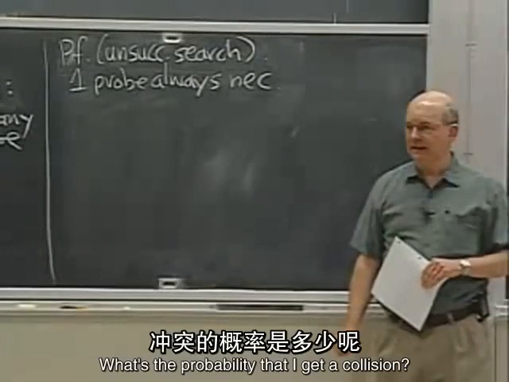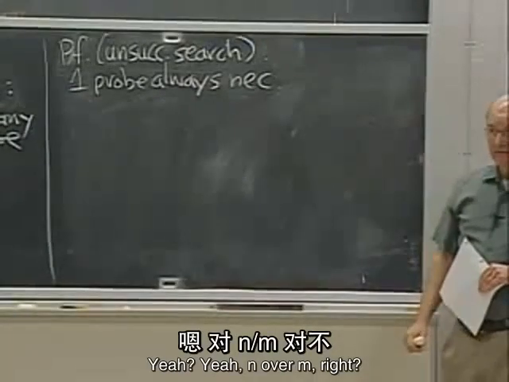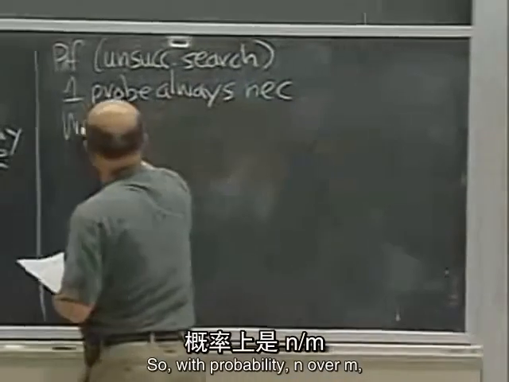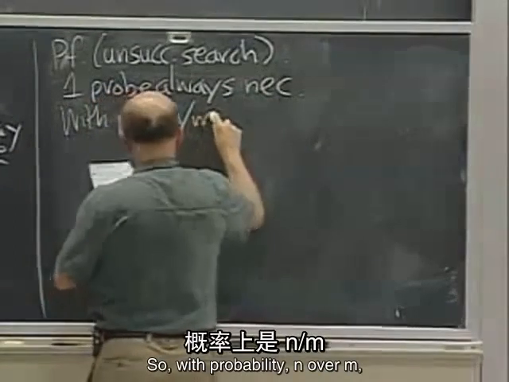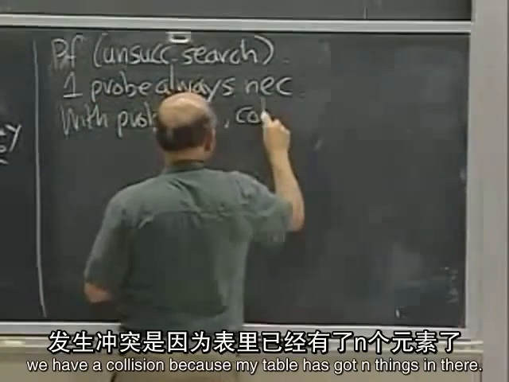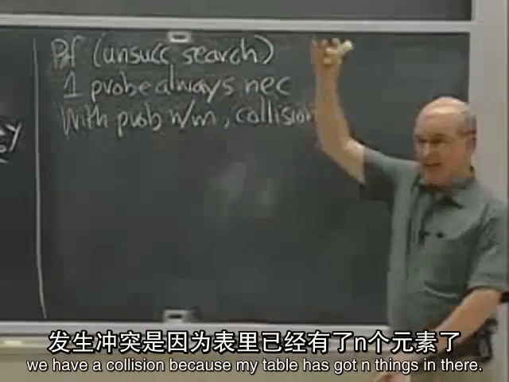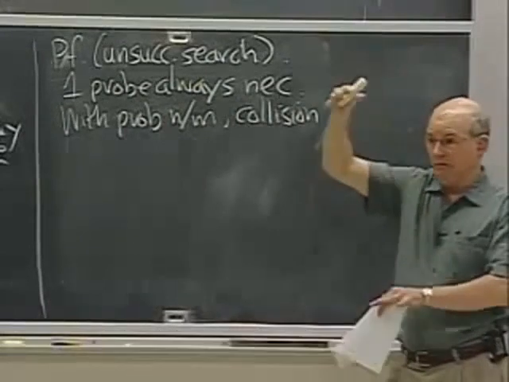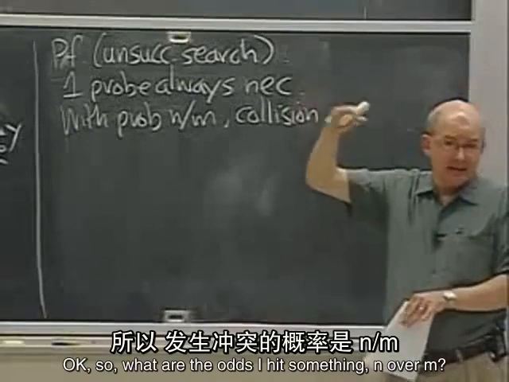Yes, n over m. So with probability n over m, we have a collision, because my table has n things in it and I'm hashing at random to one of the slots. So what are the odds I hit something? n over m.